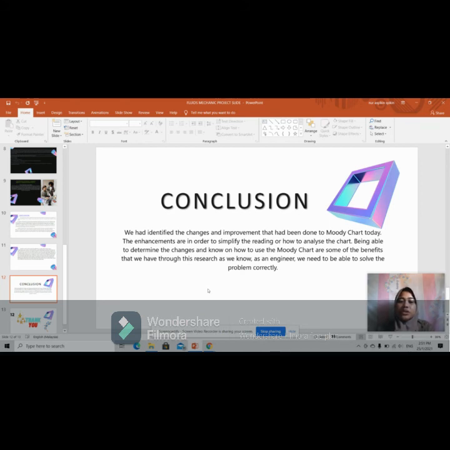Being able to determine the changes and know how to use the Moody chart are some of the benefits that we have through this research. As we know, as engineers, we need to be able to solve problems correctly. That's all for our presentation on the Moody chart topic for the project.